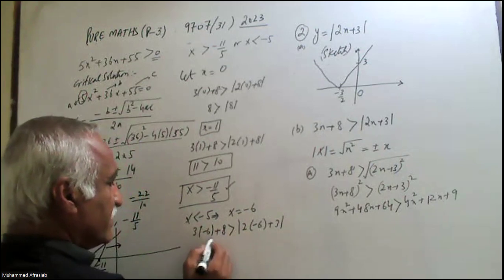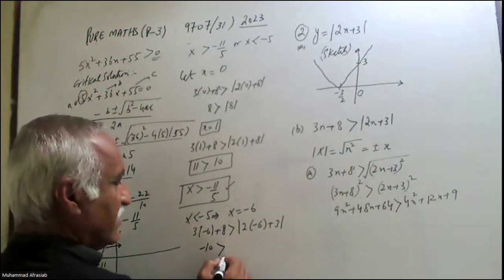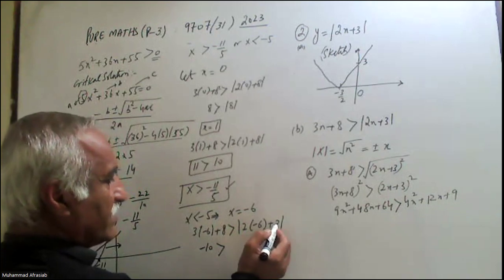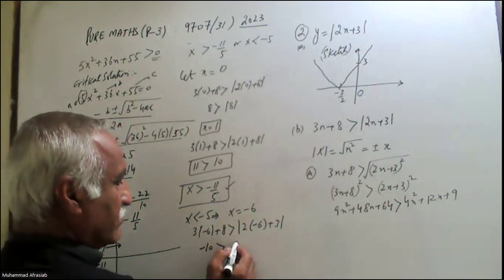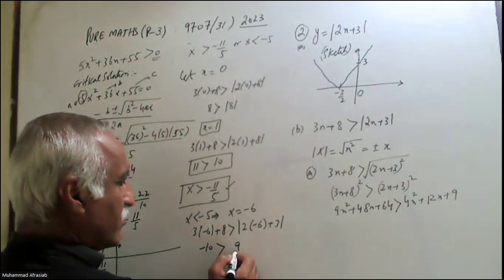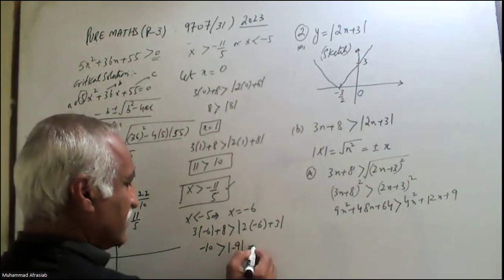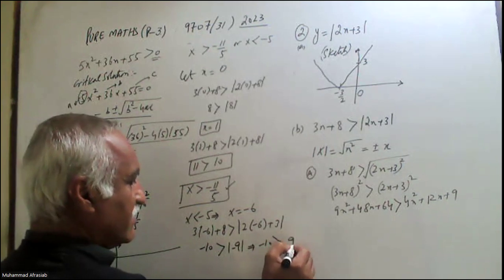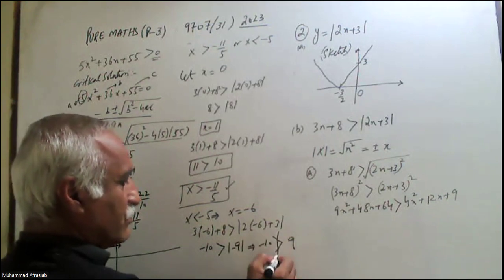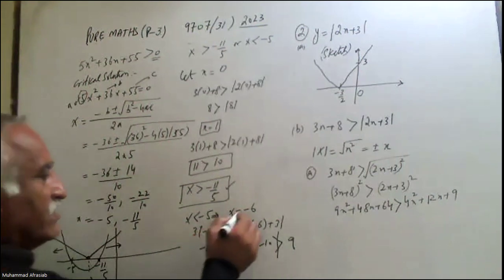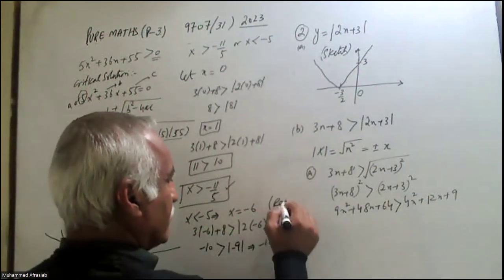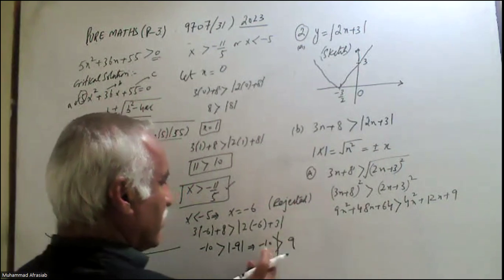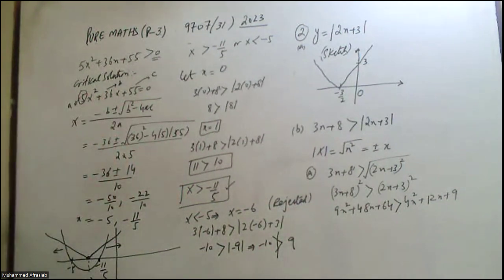So minus 18 plus 8 is minus 10, is greater than minus 12 plus 3, minus 9 modulus. This implies that minus 10 is greater than 9, but this is not true. So this value will be rejected, because for this calculation minus 10 is greater than minus 9 modulus. So that is why we have accepted only one value there, which is x greater than 11 by 5.